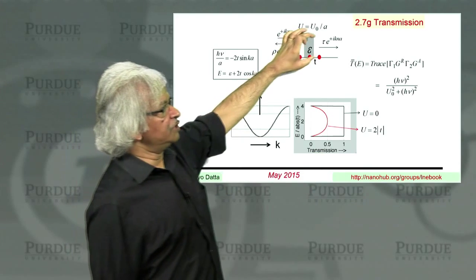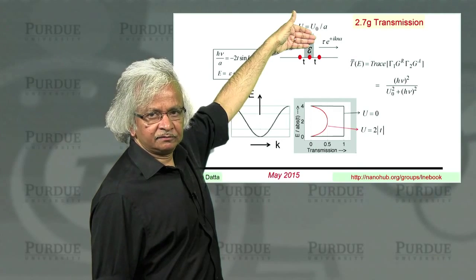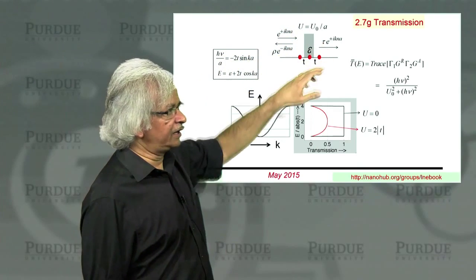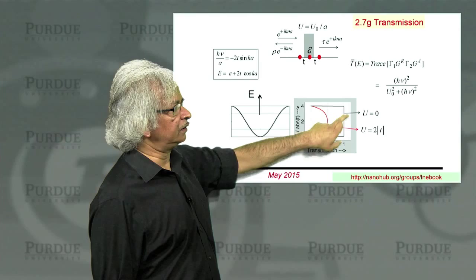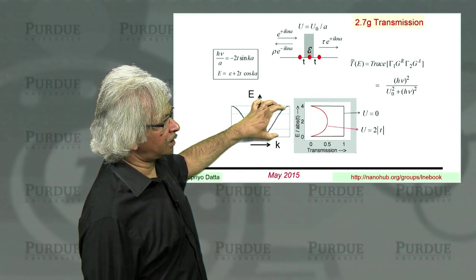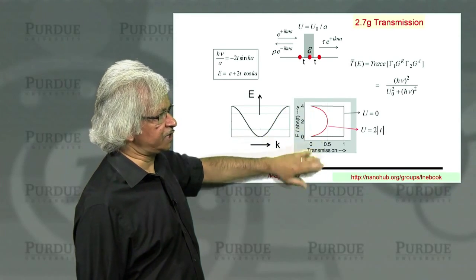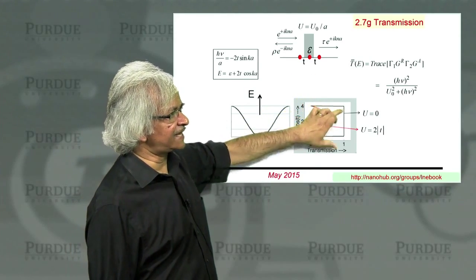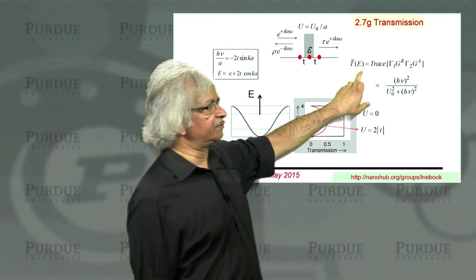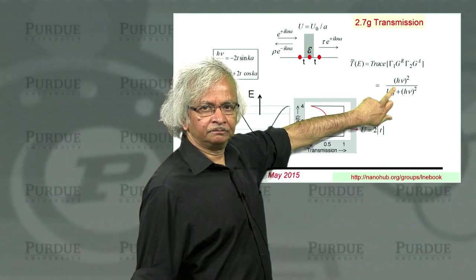If U is 0, which means there are no barriers, then of course you have a ballistic wire, and in that case the transmission is 1 across the band, from the bottom of the band to the top. Once you go outside the band, it's 0, because there are no states. The transmission is exactly 1 here, and that comes from this expression. If you put U0 equals 0, it's 1.